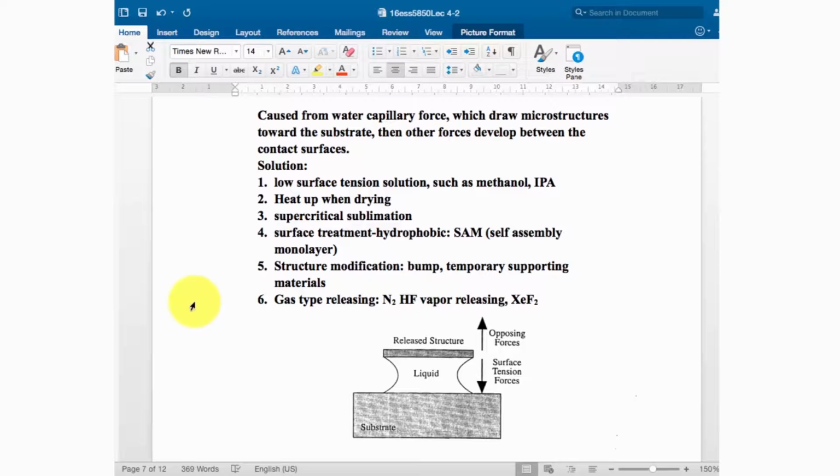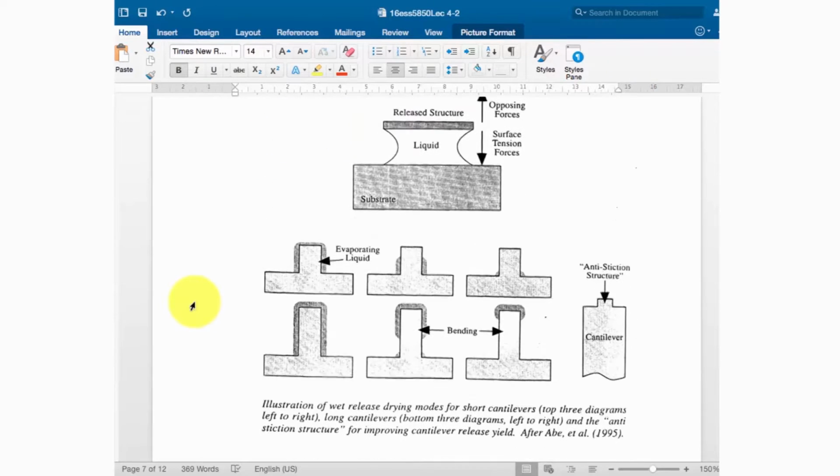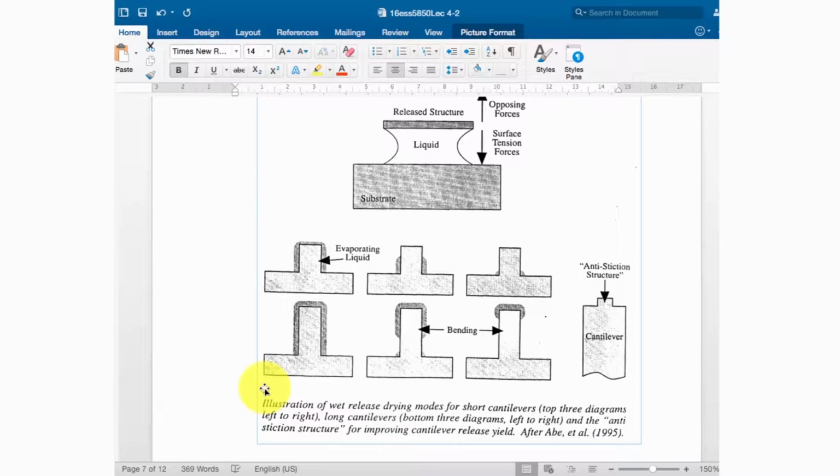Alcohol has a much smaller surface tension. So at the last step, you have water underneath, then you put the whole structure inside alcohol, using alcohol to replace the water. You do this several times until the next time you take it out and dry out the alcohol quickly. Because the alcohol has less surface tension, a much longer beam can survive this process.